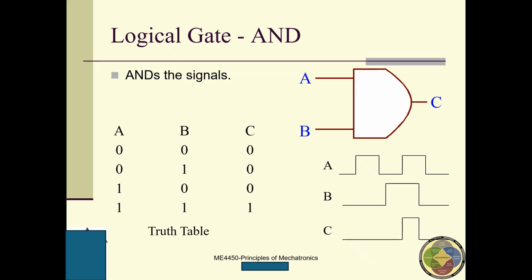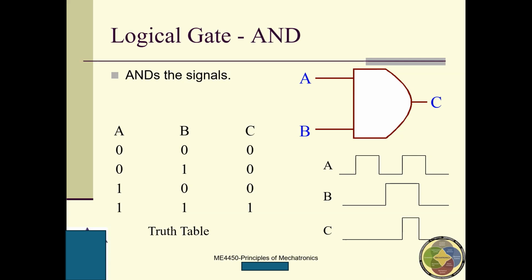But you can see this is a truth table. I will call this a truth table, and this a timing diagram. Truth table, timing diagram. You can see 0, 0, the C is 0; 0, 1, the C is 0; 1, 0, and 0. Whenever there is a 0 for the input, your output will be 0.